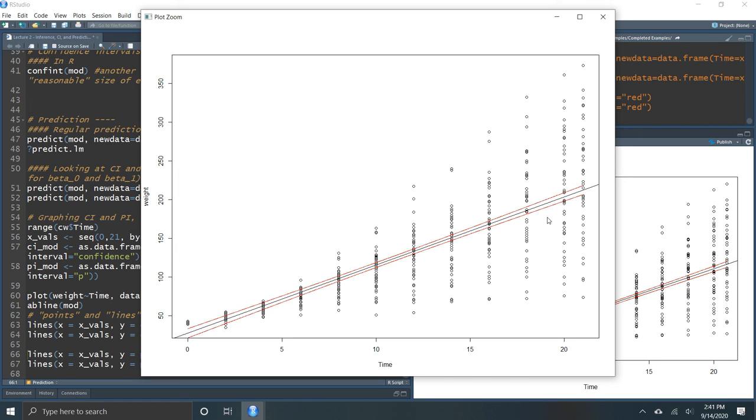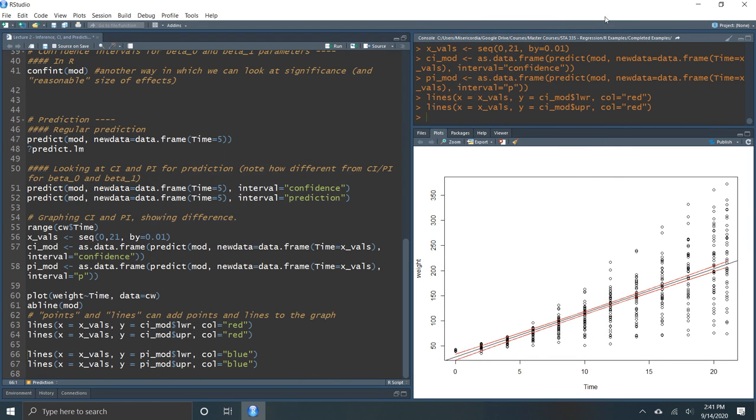So we're 95% confident that the regression line should fall between these red lines, and that's because the regression line is the predicted mean response. When we're talking about confidence intervals being the mean, well, the regression line is the mean for all the data taken together.